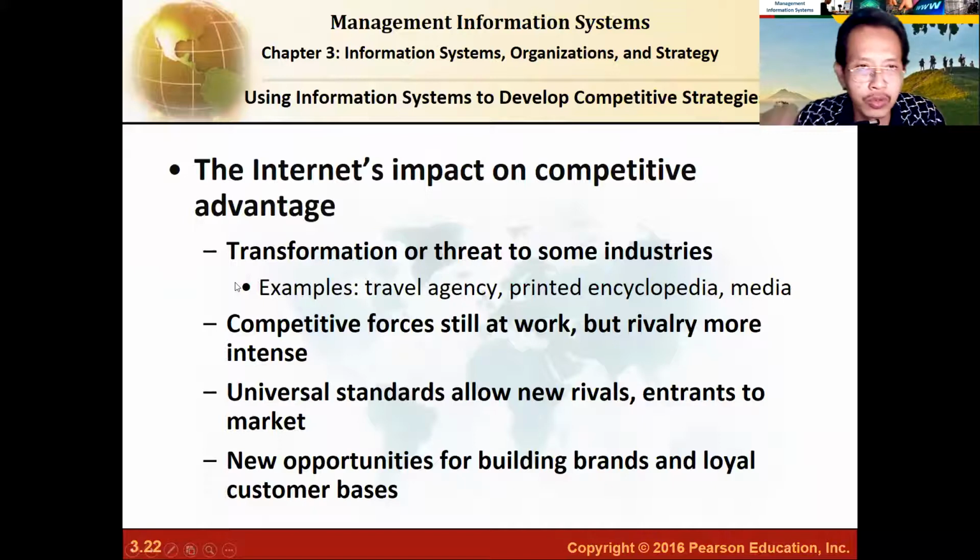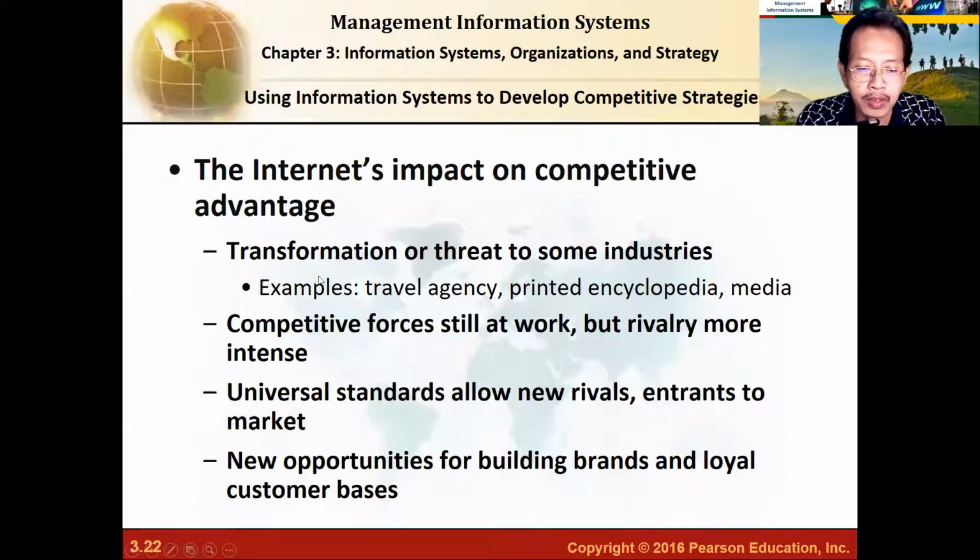Travel agencies: you don't go to the travel agency anymore, but you would be ordering airplane and bus tickets on the internet, booking hotels on the internet, not through a physical travel agent, but through an online virtual travel agent. What about the influence on the media? Do you still buy newspapers, or do you read your news online?